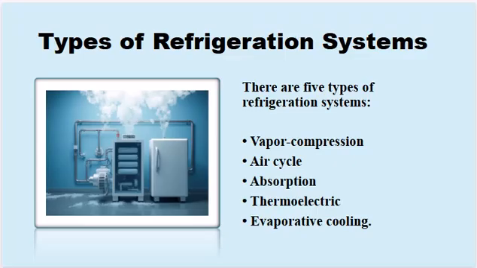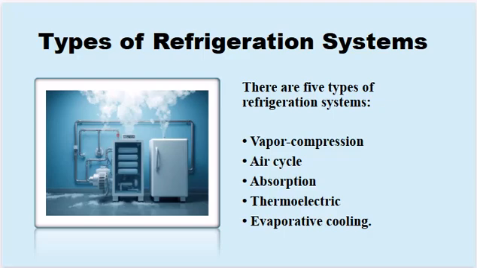Let's look at the 5 main types of refrigeration systems, each using unique principles and technologies to provide cooling. Vapor compression: the most common system, where a refrigerant is compressed, condensed, and expanded in a cycle to remove heat. Air cycle: uses air as the refrigerant, typically in aviation applications.